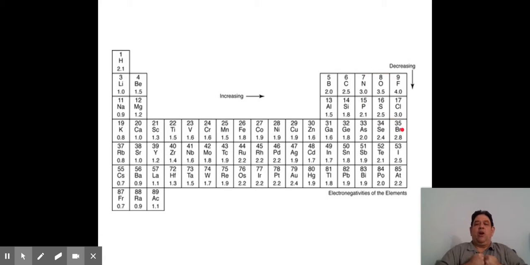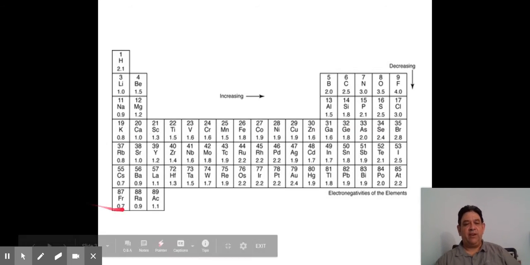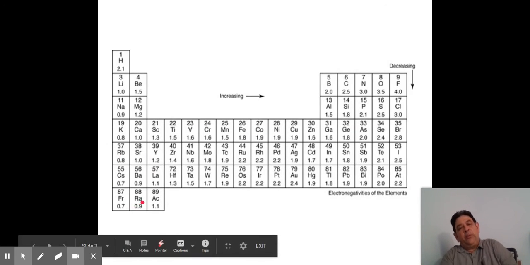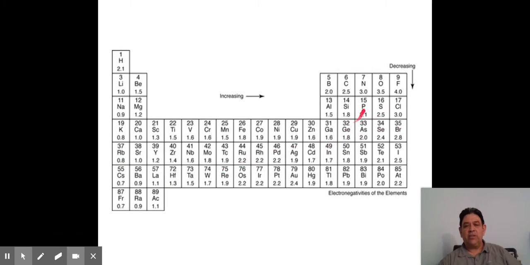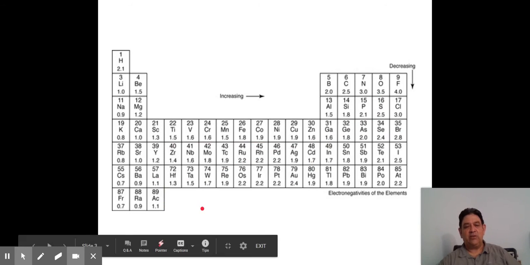Think of them as a stronger person, much more muscular. On the other hand, these elements over here on the left have lower electronegativity. They're really weak. And when there's a tug of war between the two, the stronger ones are going to pull the electrons closer to themselves than the weaker ones.